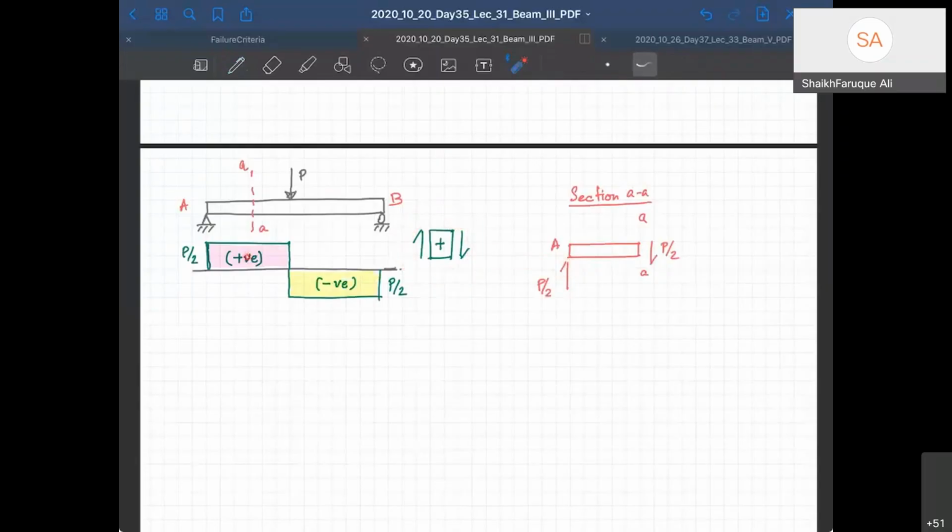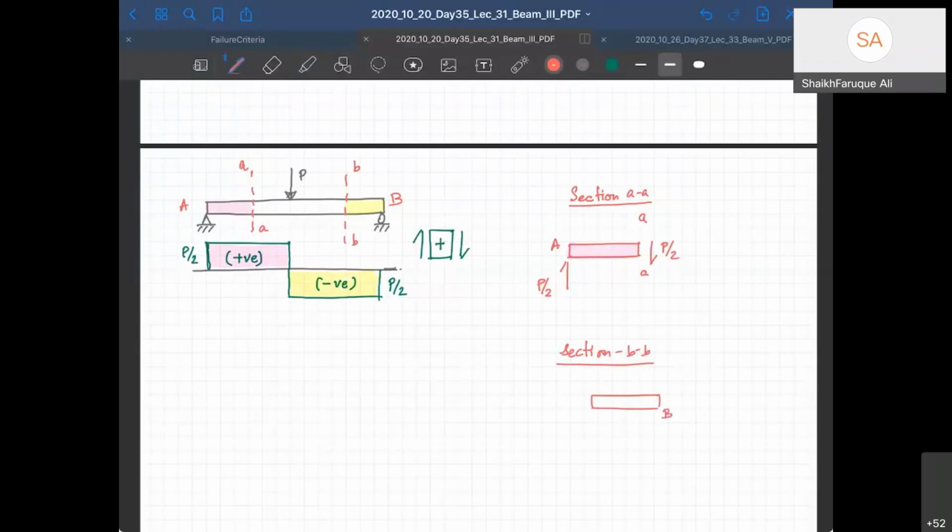So that's positive. Whereas if you go to another section, which is BB, if I look at section BB, what do I get? I can draw it on the other part only, right? Let's say this portion is pink, and I can again draw that portion of the section.